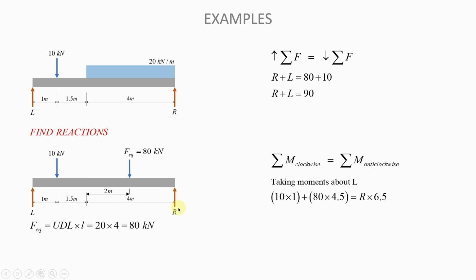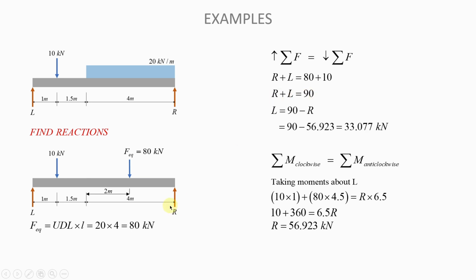In this case, it's only one, and that will be R times 6.5. And so if you solve that, you will arrive at an expression for R that is equal to 56.923 kilonewtons. Once you have that value for R, then you can solve for L using the equation that you have on top here.